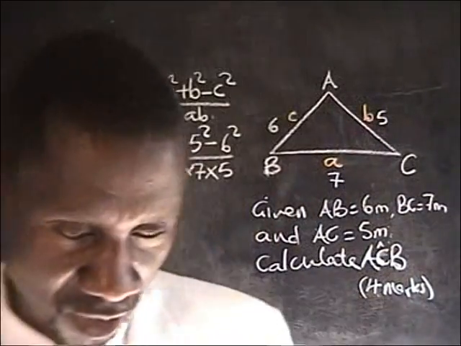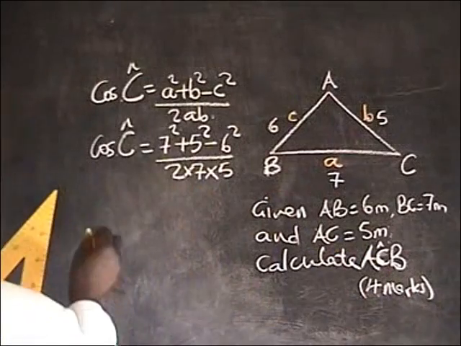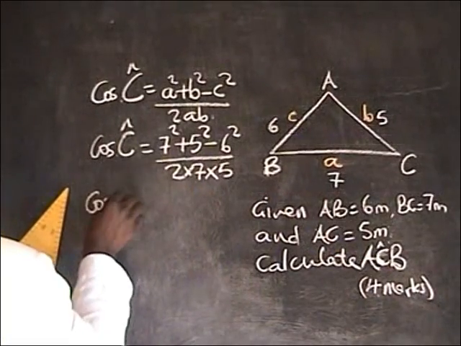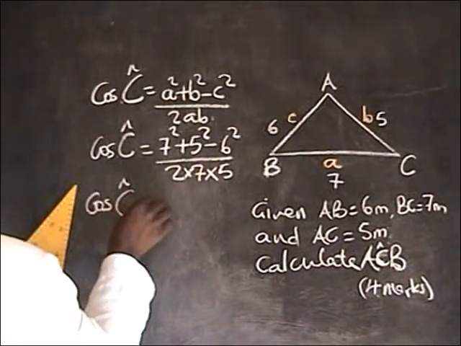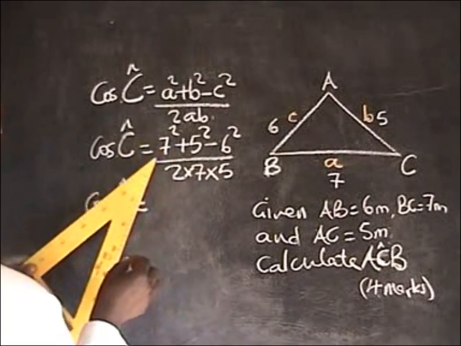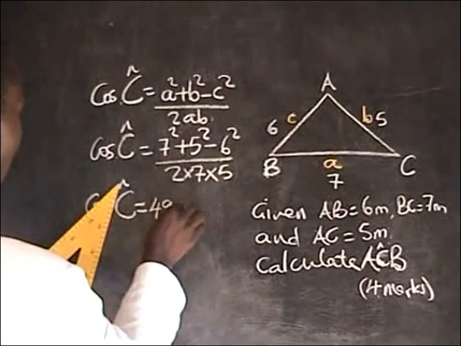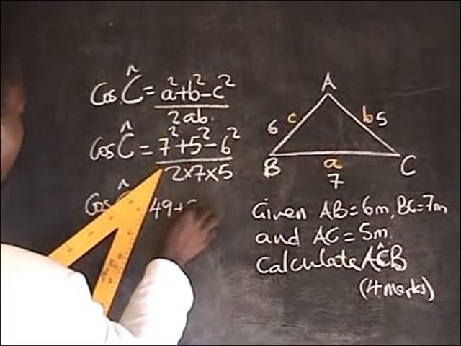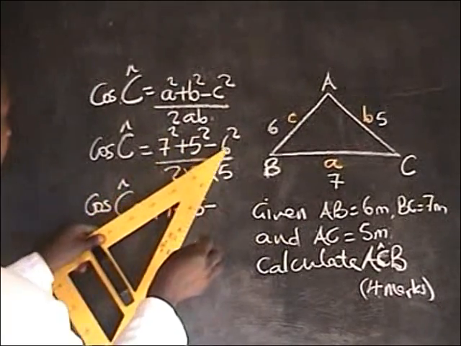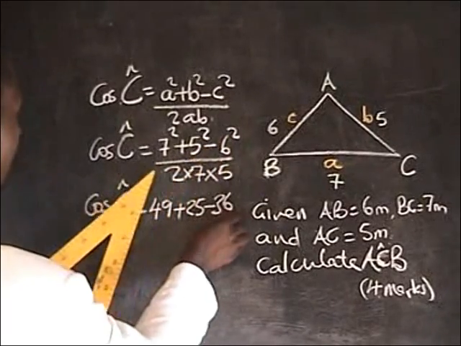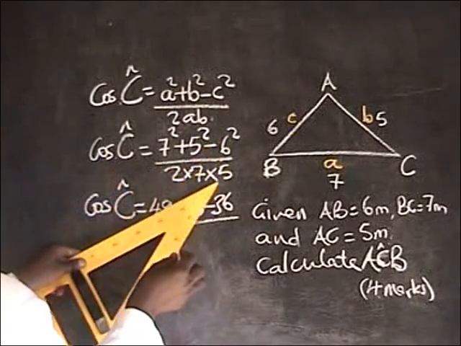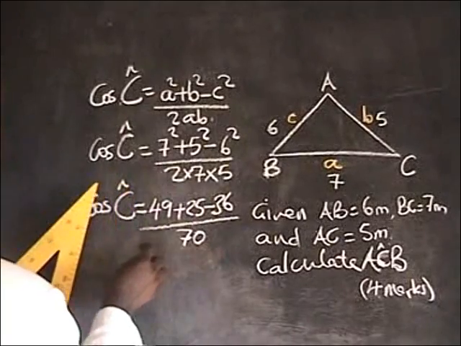So without wasting much of your time, what you have to do is you come down, you indicate cosine C equals, this is 7 squared. 7 squared means 7 times 7, which is 49. Then plus 5 squared, 5 times 5, which is 25. Then minus 6 times 6, which is 36. And this is over 2 times 7 times 5, which is 70 like that.